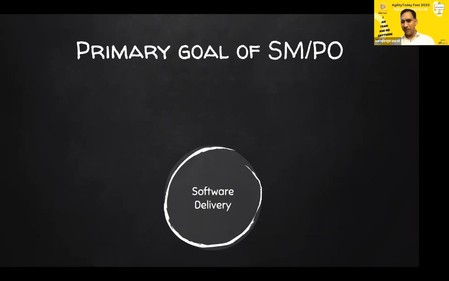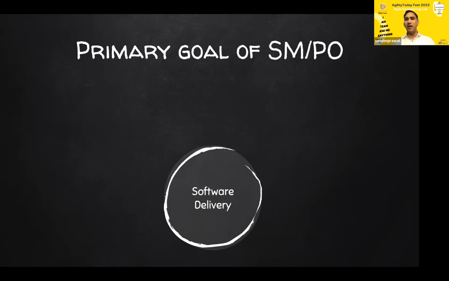That we agree. Sandeep, is it always necessary for the end product to be software, or could it be something else also? Yeah, it can be anything, right? Ultimately, your product should get delivered, and it can be software or some other product as well. But the end goal is that this is what gets delivered. Since we are talking about DevOps, which is more contextual to software, that's why I have put it like this.